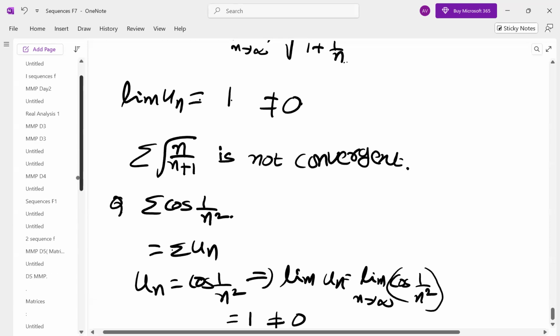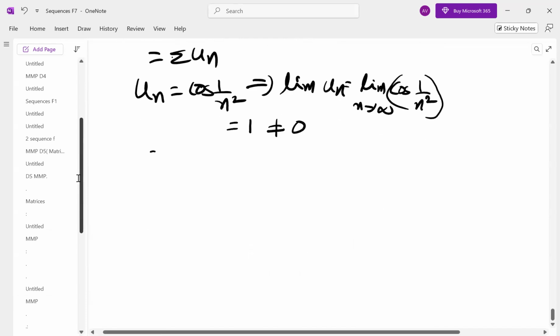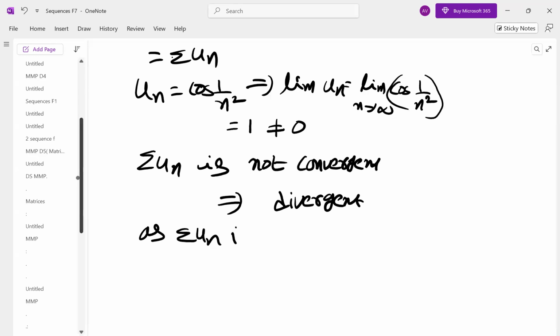Therefore, we can say summation un is not convergent. Not convergent also means here divergent because it is a positive term series.